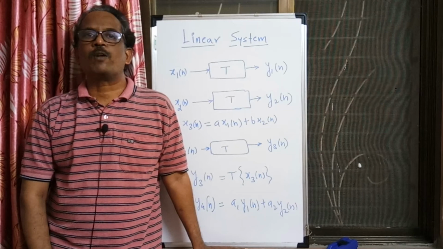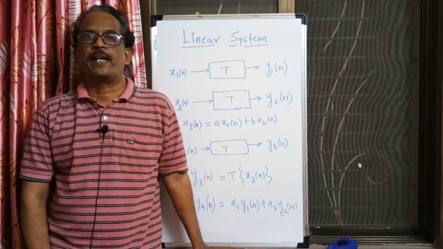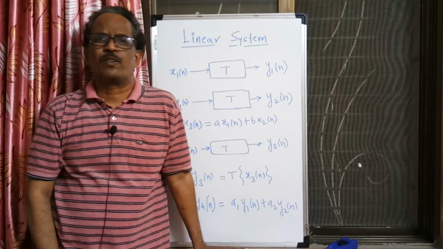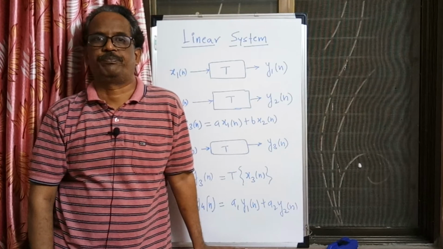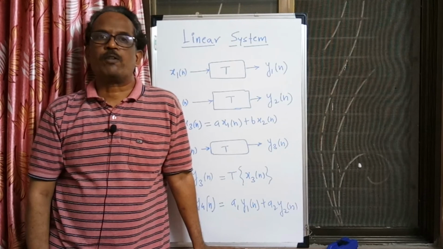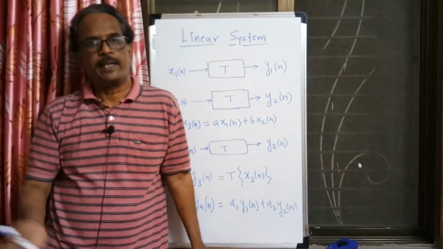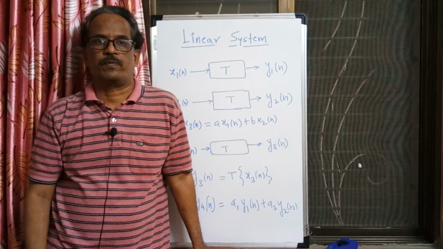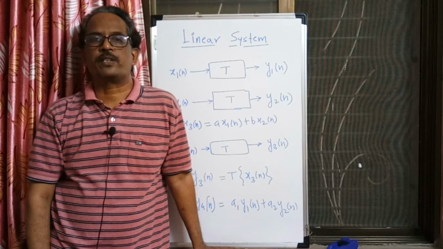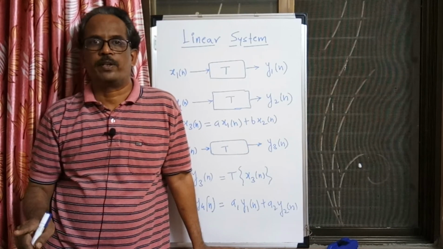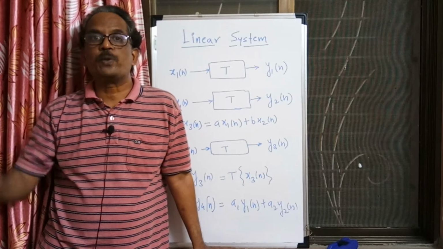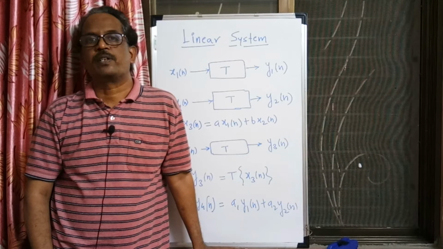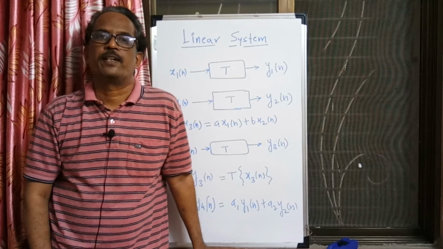Then take the linear combination of inputs x1[n] and x2[n], where a and b are the coefficients of the linear combination; they are constants, scalars. So the linear combination of inputs gives another input x3[n]. If the response of the system to the linear combination of inputs is equal to the linear combination of outputs to the individual inputs, then we can say that the system is linear.